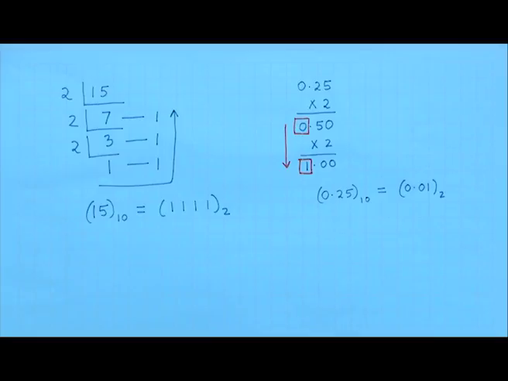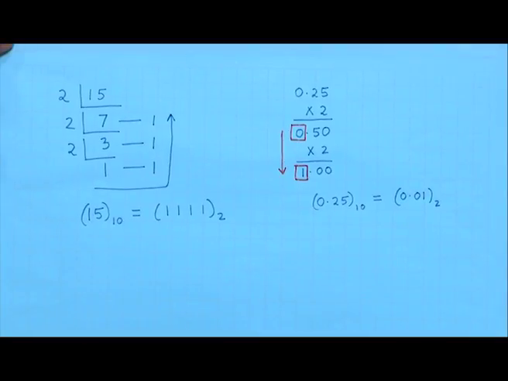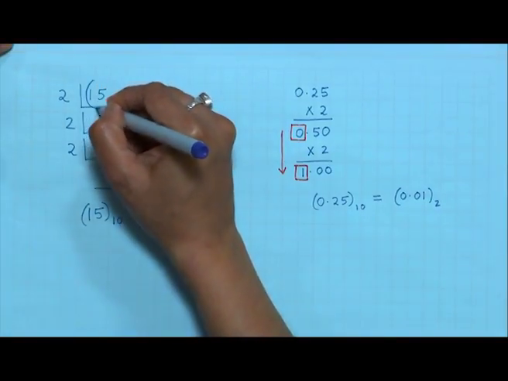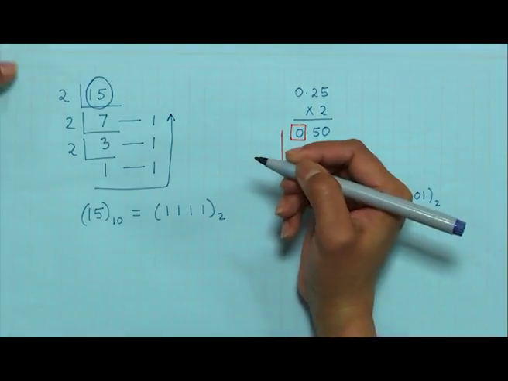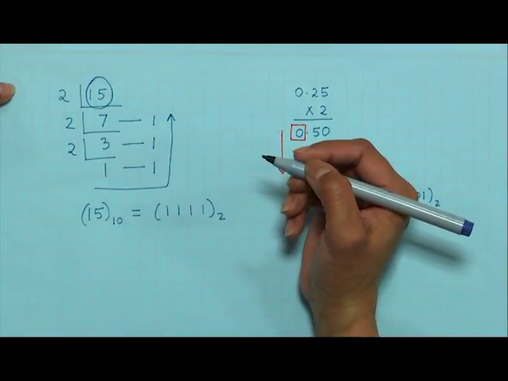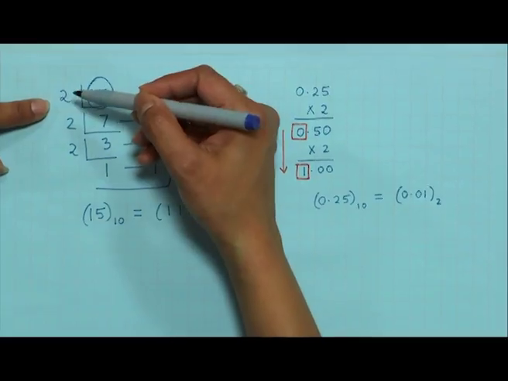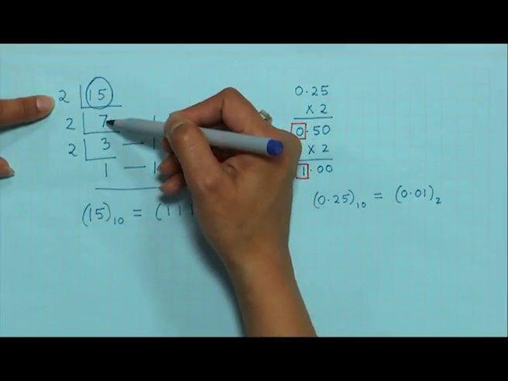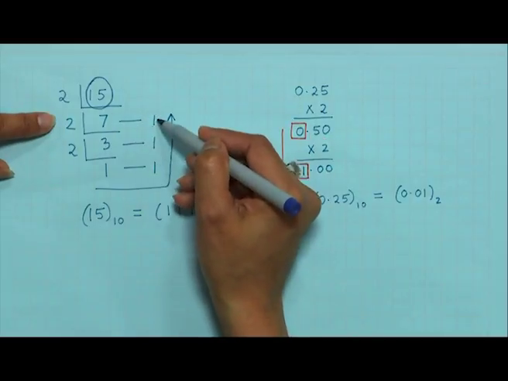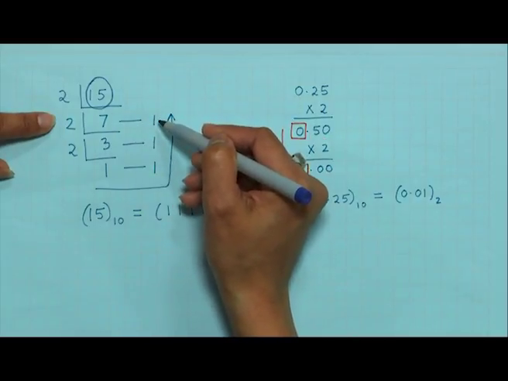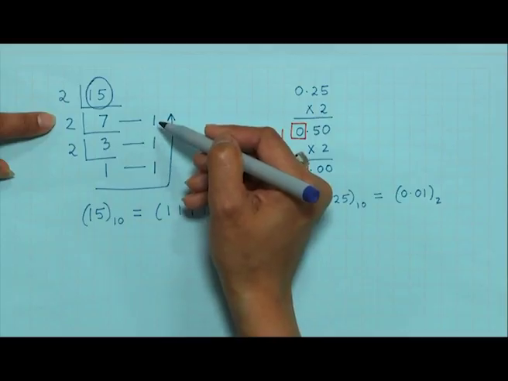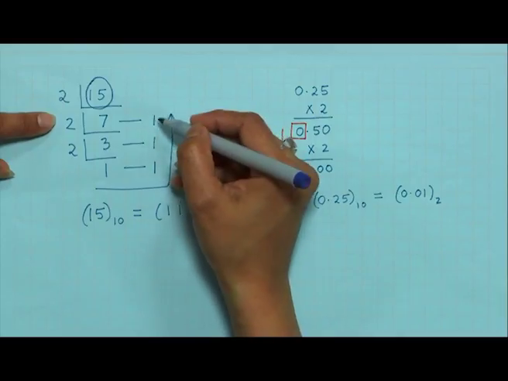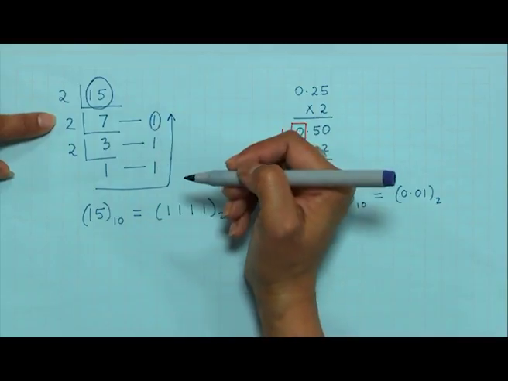Here we can see that the number is 15. We repeatedly divide the given number by 2. We are dividing the given number by 2, we get a quotient and we get a remainder. We go on accumulating the remainder, which here is 1.